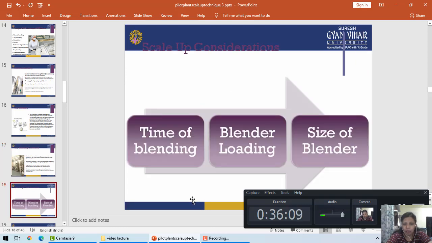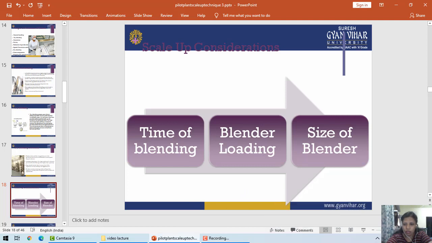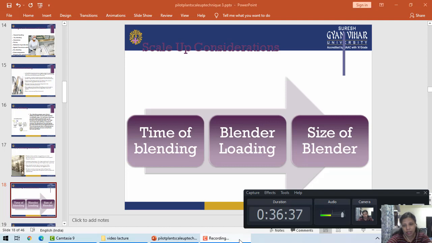Now scale up consideration. If we see the scale up, there are three things we should consider when we are involved in blending. Time of blending is one, second is blender loading, and third is size of blender. So all three we should consider while scaling up the blending process. Time of blending: how much time it will take to blend the product, because the time of blending for each product is different.